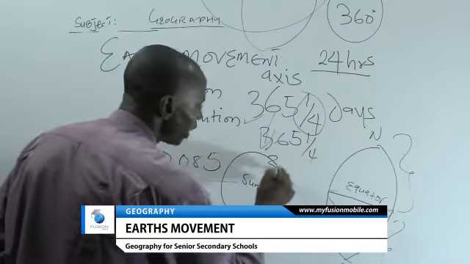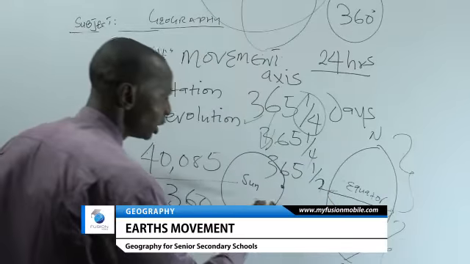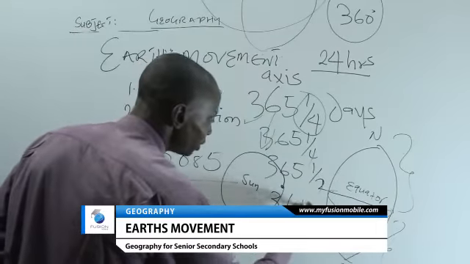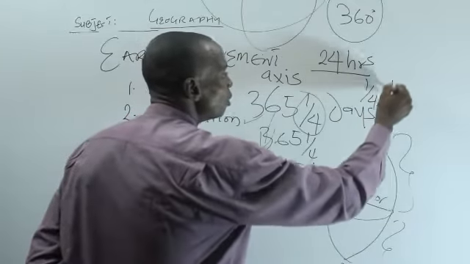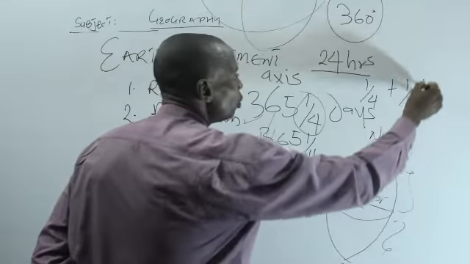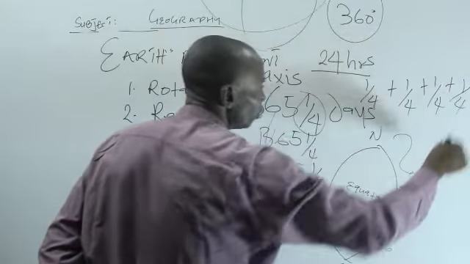The third year we have 365 1/4 again. Then the fourth 365, it will now be 1/4 plus 1/4 plus 1/4 plus 1/4.